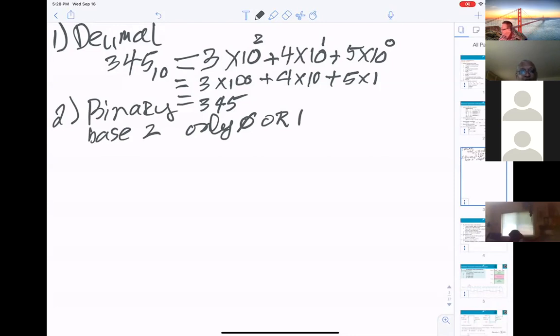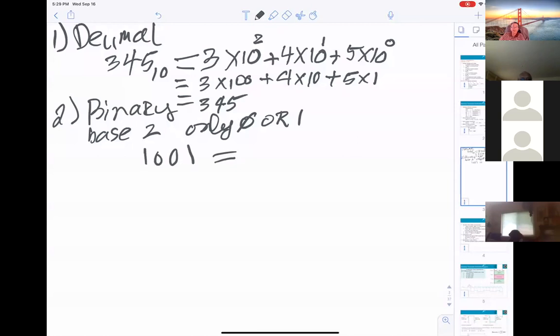Now you can see this is the number, a binary. You don't have to put the number 2. The reason is, that's just 101001, and that tells you it's in binary.